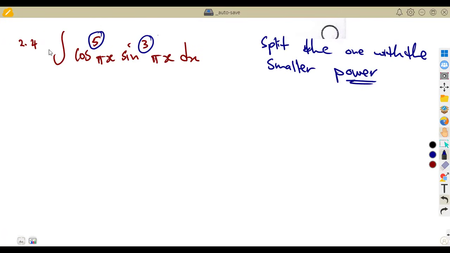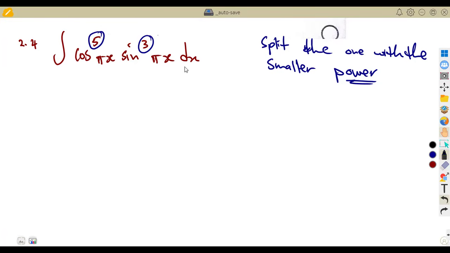That is the one that you split. Also, if you were given one being odd and another one even, you split the odd one. So here they both are odd, so you split the smaller one.